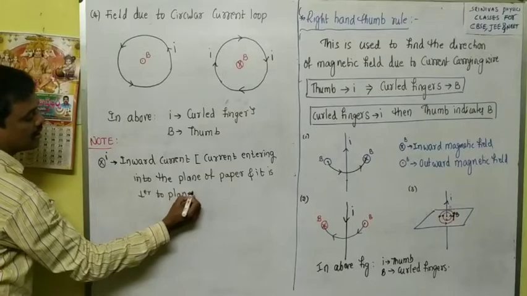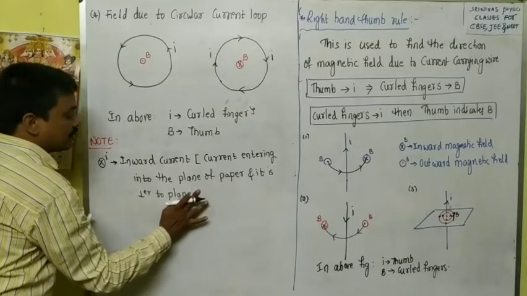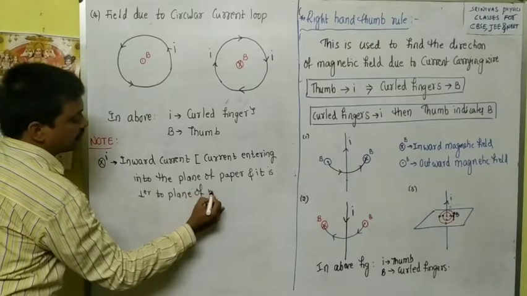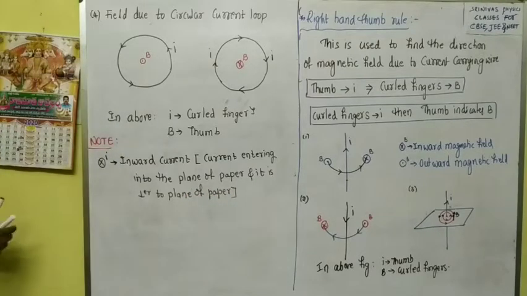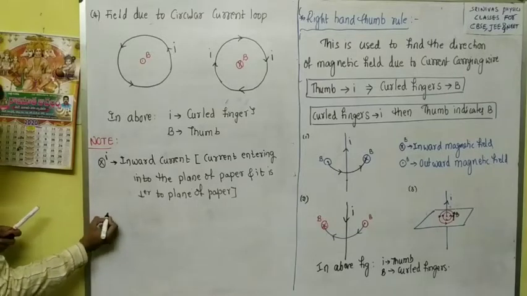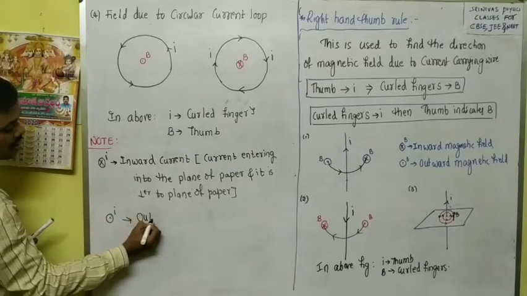Okay, right, perpendicular to the plane of paper. Now what about the dot I? Okay, right, this is outward current.